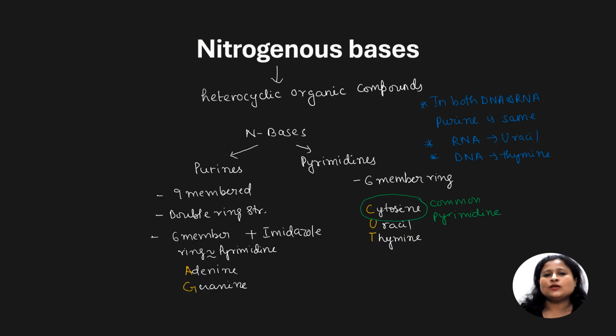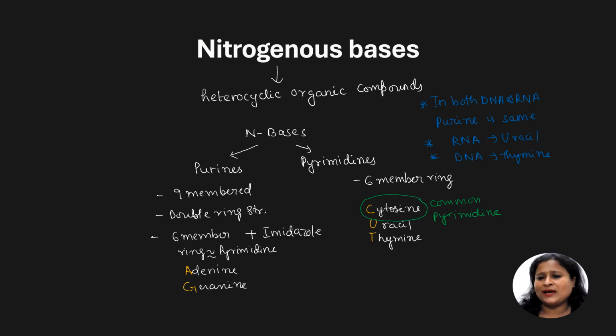Is that clear? So nitrogenous bases are of 2 types, purine and pyrimidine. Purine consists of A and G, which is nothing but adenine and guanine, and pyrimidine consists of cytosine, uracil, and thymine. Now, the purine remains the same in both DNA and RNA, while cytosine is the only common pyrimidine in both DNA and RNA structures.